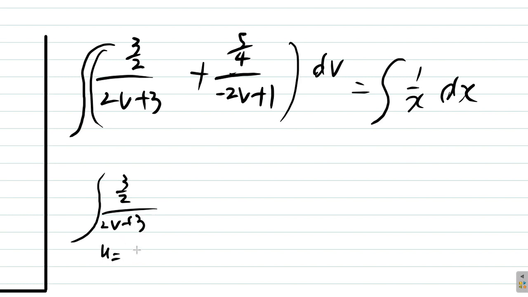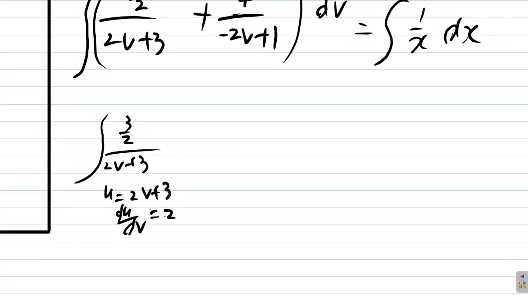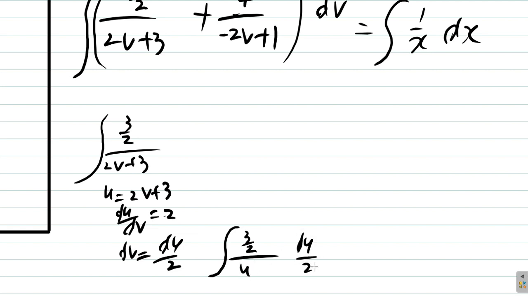Let u be equal to 2v plus 3. So du by dv would be 2. So here dv would be du over 2. So what you have is the integral of 3 over 2 over u times du over 2, right? So what you have is 3 over 2 and this is over 2, integral of 1 over u du. You see that?